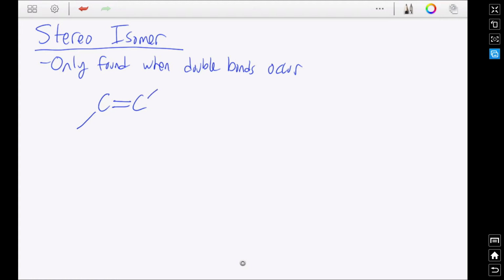If they're attached to other carbons, they could branch off like this, or they could branch off like this. In the first one, they're branching off in opposite directions. In the second one, they branch off in the same direction, like this.